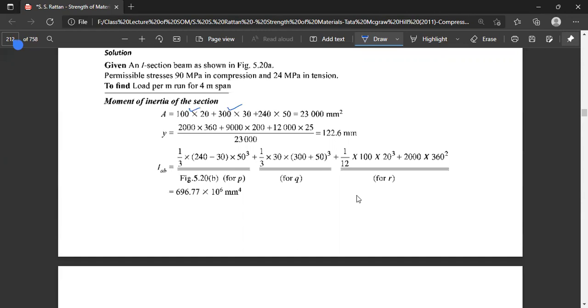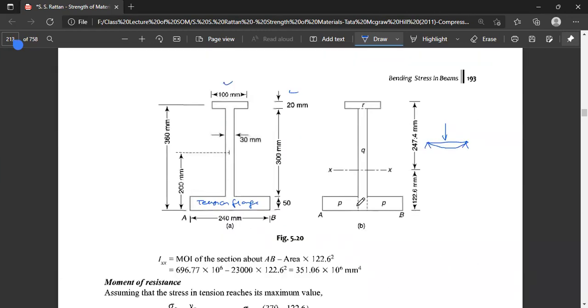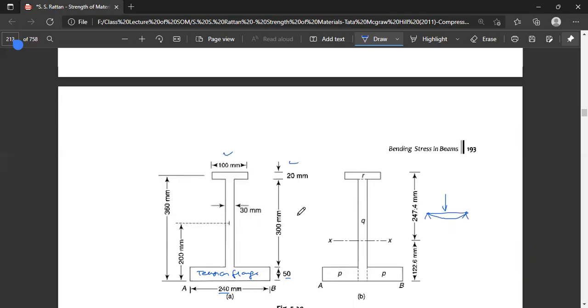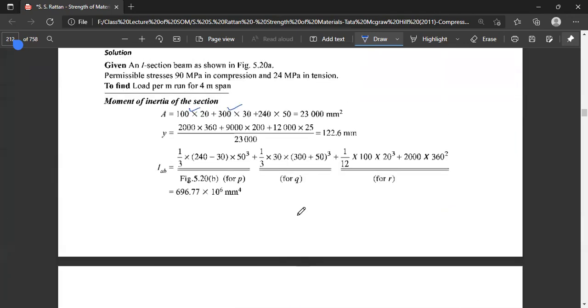Another is 250 multiplied by 50, the area of the maximum tension flange. If we make the calculation here, the total area is 23,000 mm square.